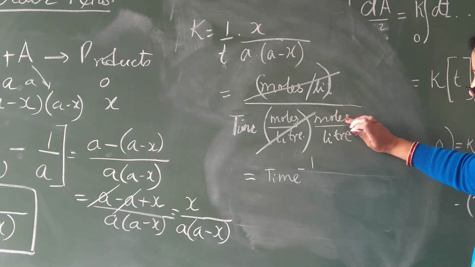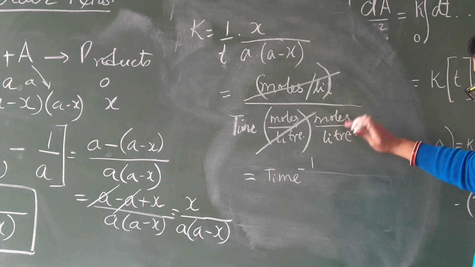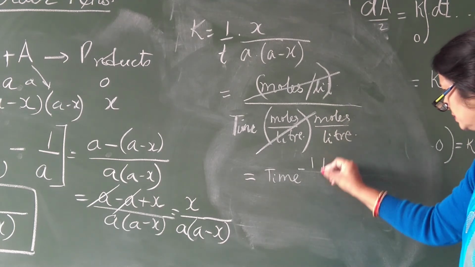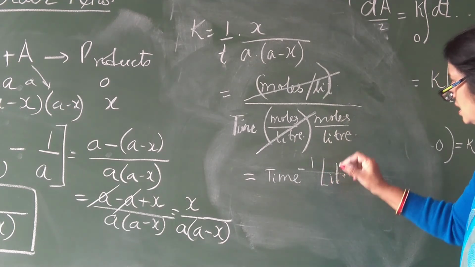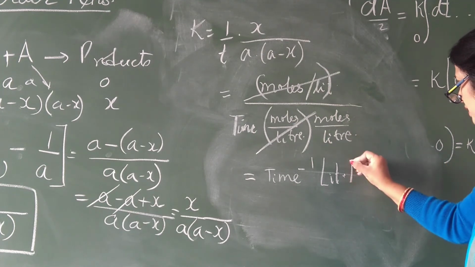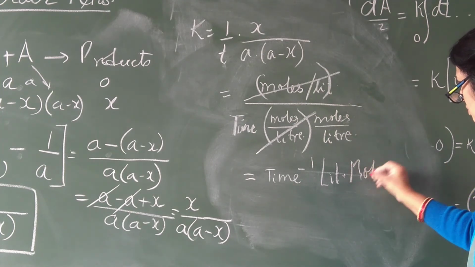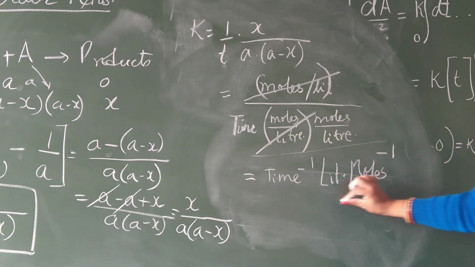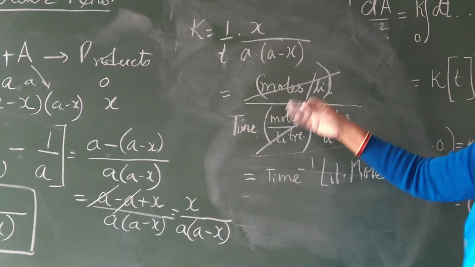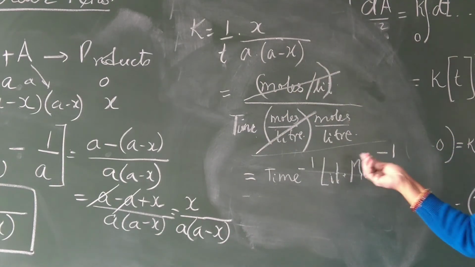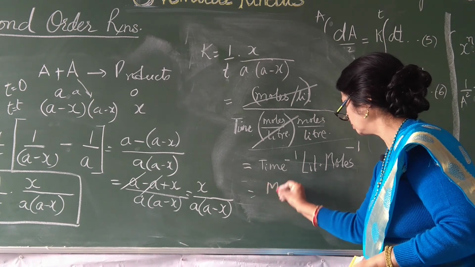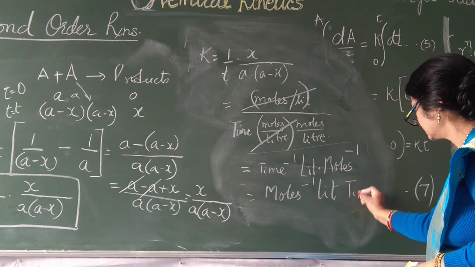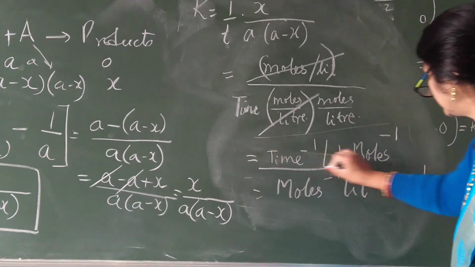Moles per liter is in the denominator, so liter goes to the numerator and becomes positive liter, and moles, when we take it to the numerator, becomes moles inverse. So this is our unit for a second order reaction. I have calculated it from this formula only, very easy and very simple. So it becomes moles inverse, liter, and time inverse. Very simple to comprehend.